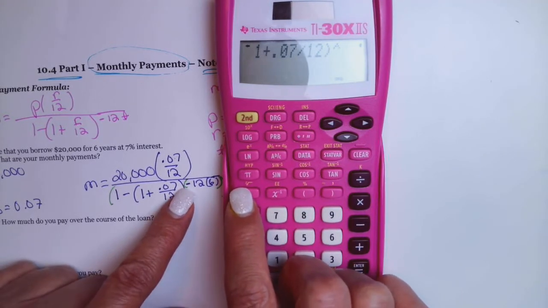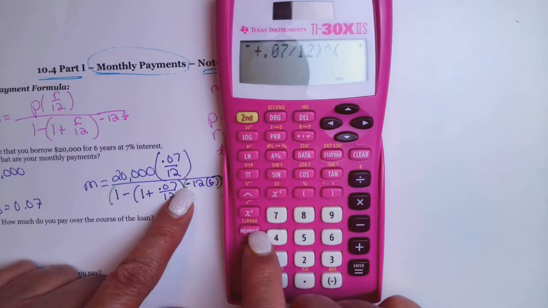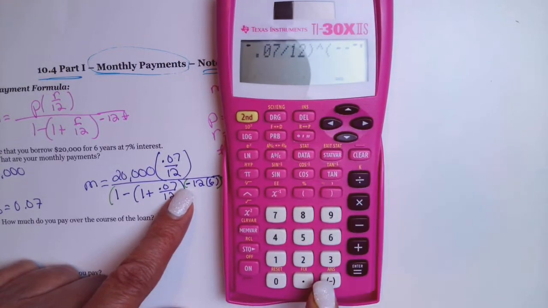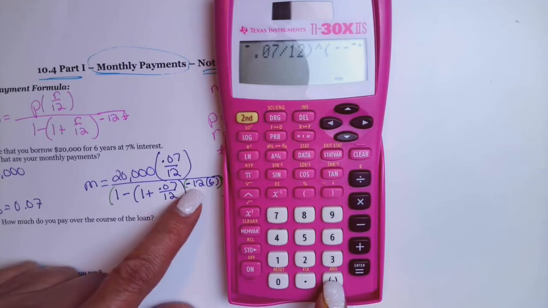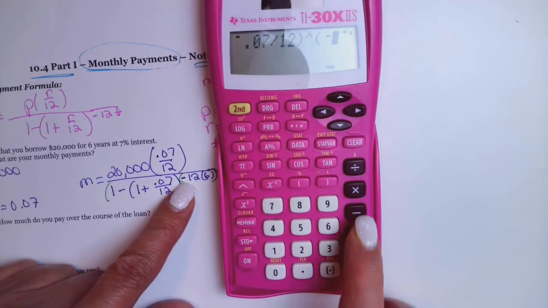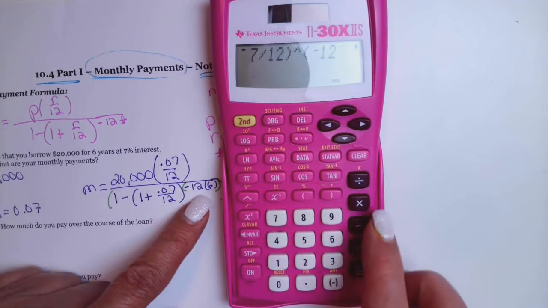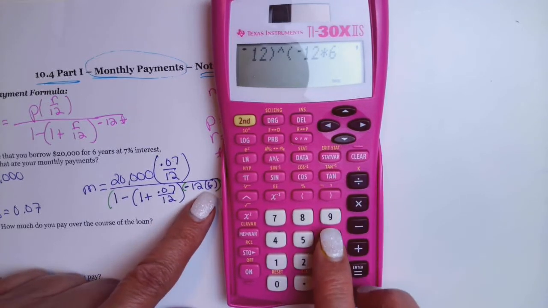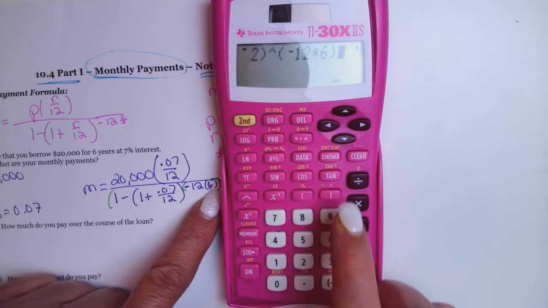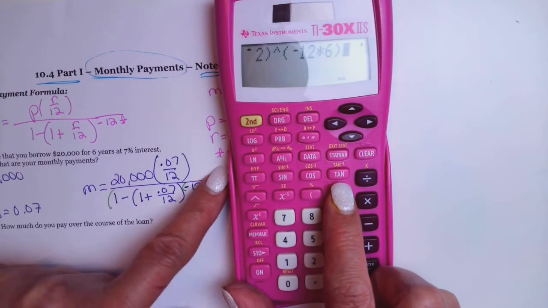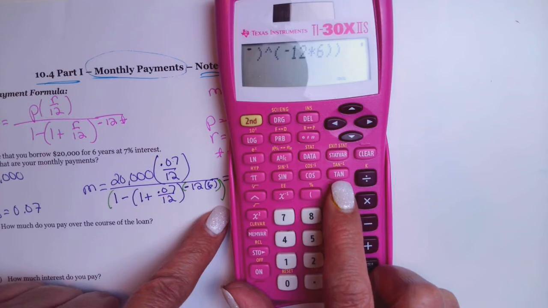So going up here, again opening, negative, and whoops, I can't do two back to back. Remember, this is a subtraction, and this is a negative sign. So negative 12 times 6, closing these parentheses, and then closing these ones back here.